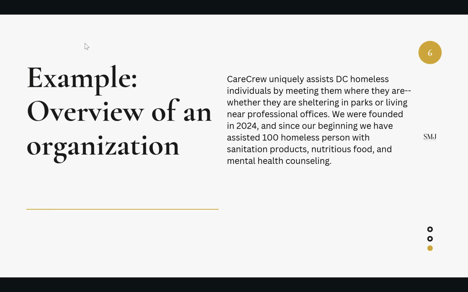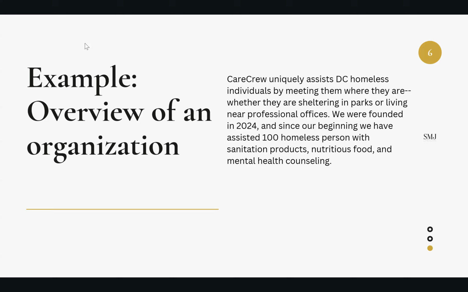it directly tells the funder which issue you are addressing. You are addressing homelessness. How are you addressing it? You are addressing it by helping individuals who are living in the street, either in parks or near professional offices.